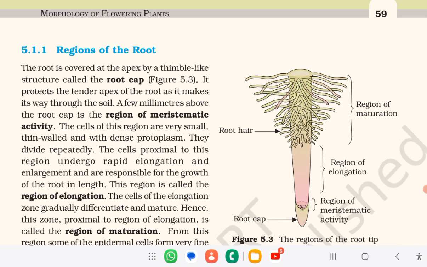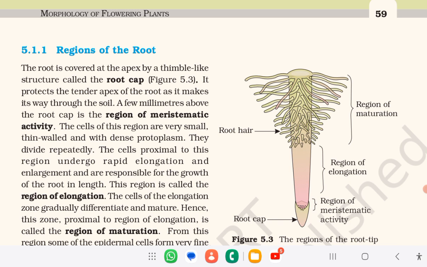A few millimeters above the root cap is the region of meristematic activity. The cells of this region are very small, thin-walled, and with dense cytoplasm. They divide repeatedly.